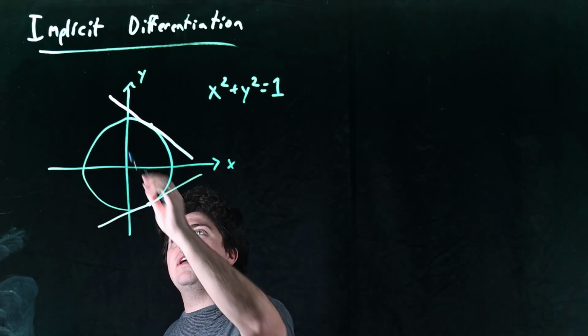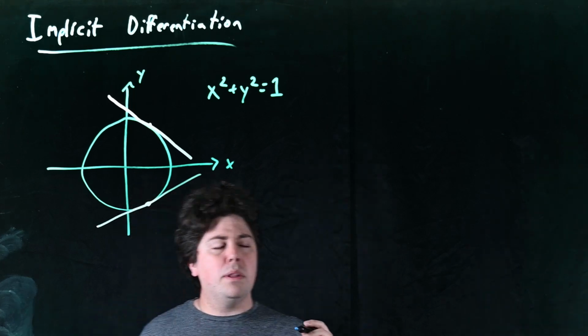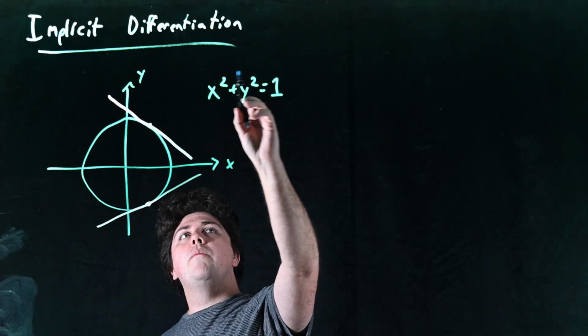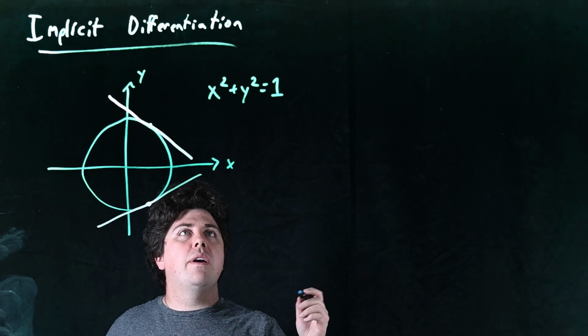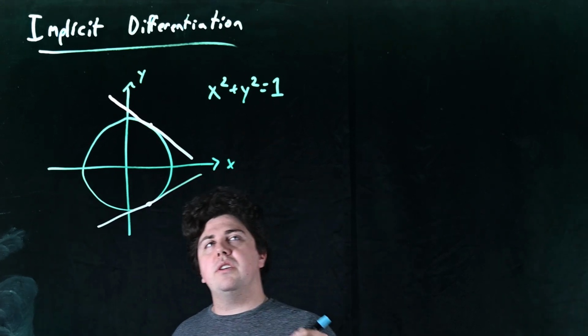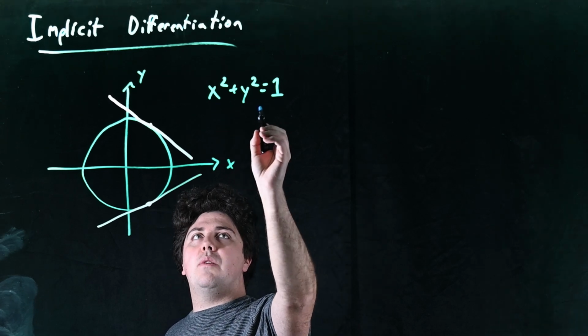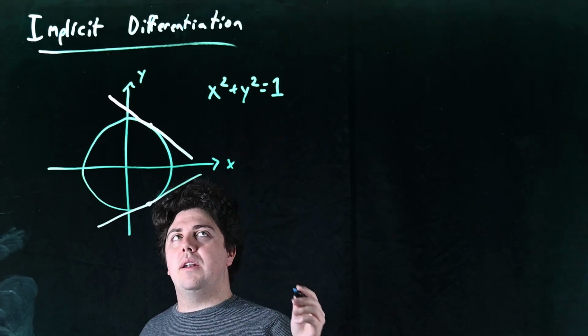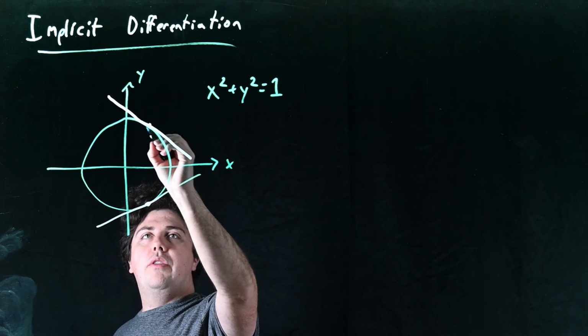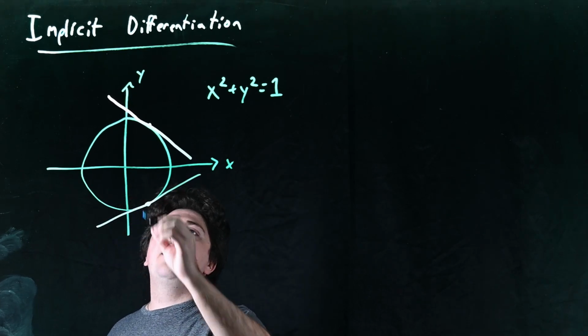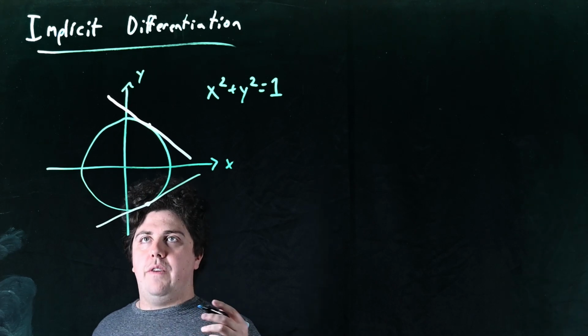So what does this word implicit mean? This word implicit means that even though this isn't in the y equals form, it sort of implicitly defines a function, because if x and y play this little game with one another, at least at various points along the graph of this relation, you can sort of write it out as a function.